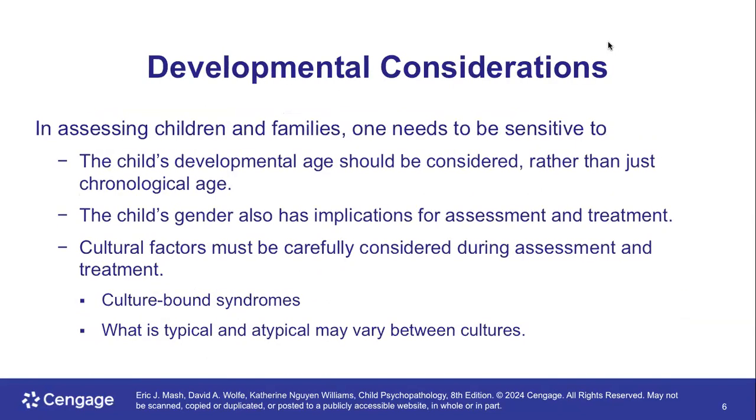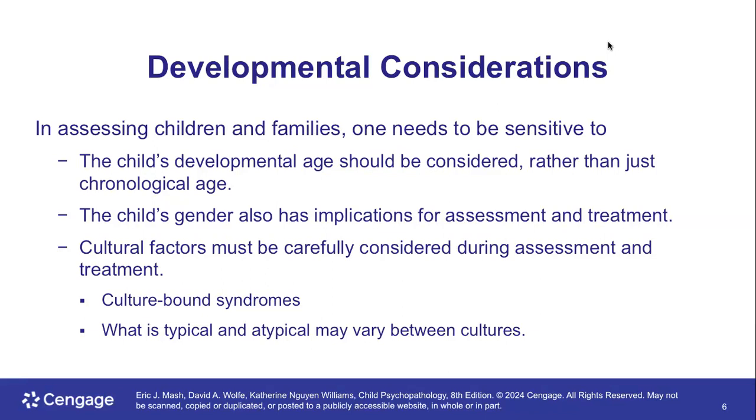So when doing a psychological assessment, you also have to be sensitive to the child's developmental age. And one's developmental age is different than their chronological age. What do I mean by that? Your chronological age is how old you are based on your date of birth, whereas your developmental age is how you function in a domain on this developmental issue.